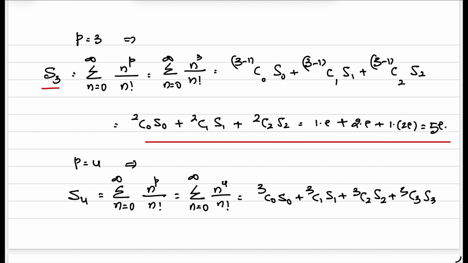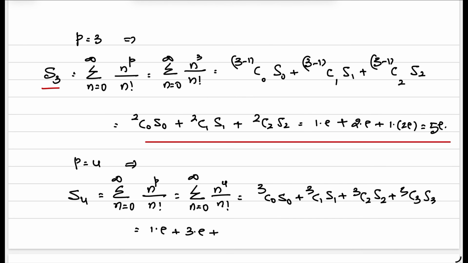You just see how simple it is. 3C0 is nothing but 1 into e plus 3C1 is nothing but factorial 3 by factorial 3 minus 1 factorial 2, factorial 3 by factorial 2 is nothing but 3, into e plus 3C2.